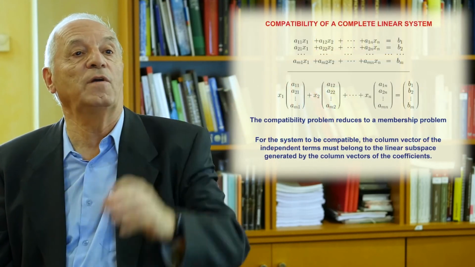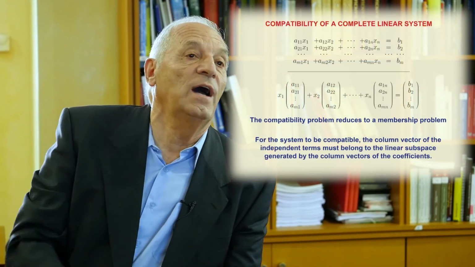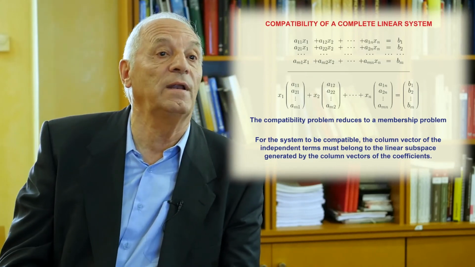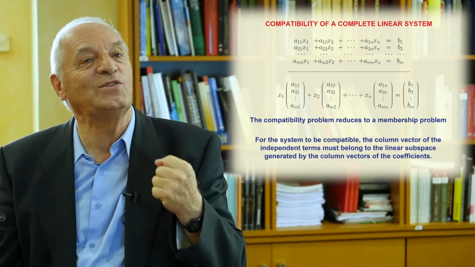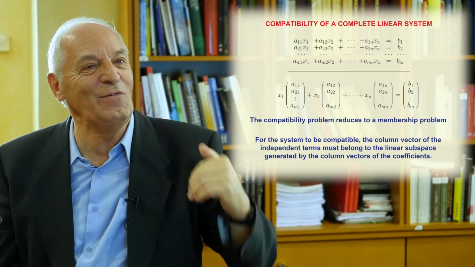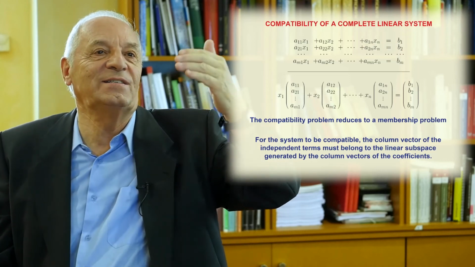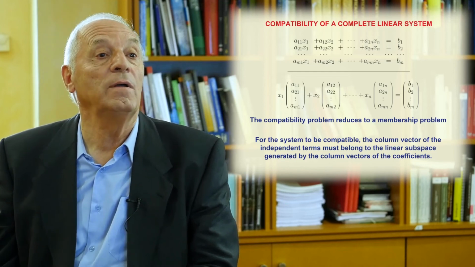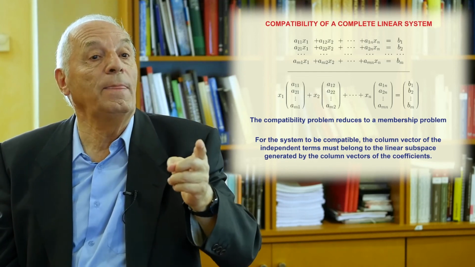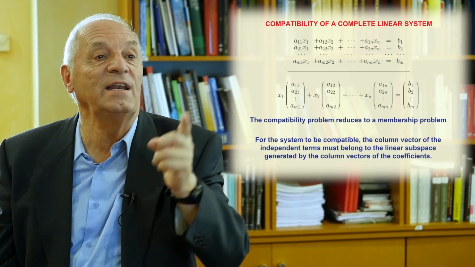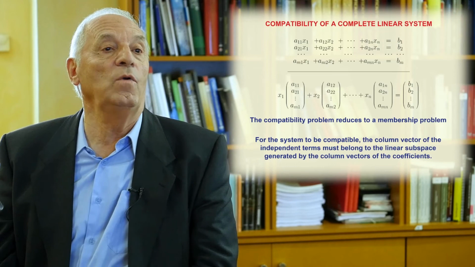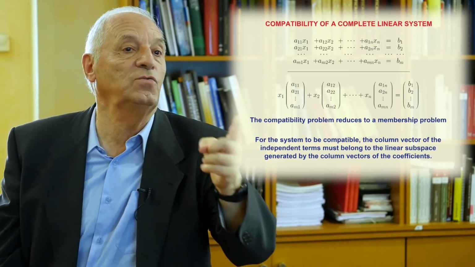Another problem is compatibility. Assume that you have a system of equations and you want to know the conditions under which b1, b2, bn give a system which is compatible. Then what we can do is to write the system in a third different way. Look, the system of equations above is equal to the equation below. The equation below says that the vector b1, b2, bn is a linear combination of the column vectors of the coefficients of the system with coefficients x1, x2, xn.